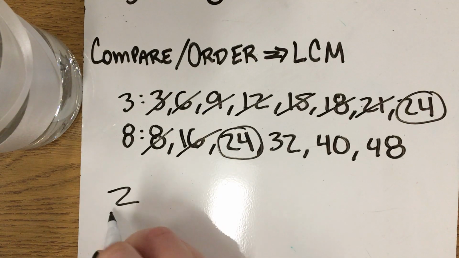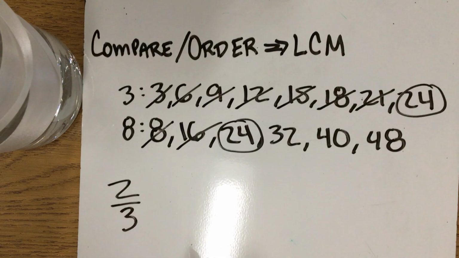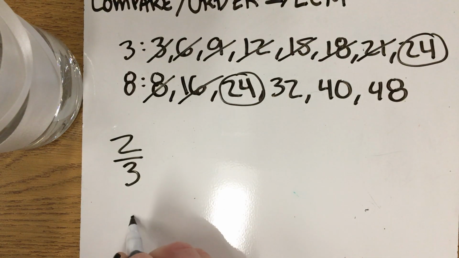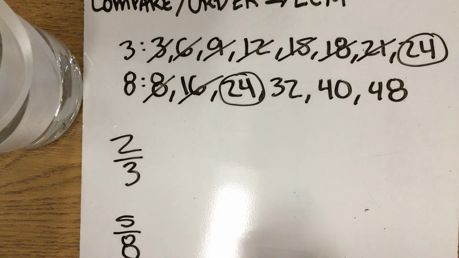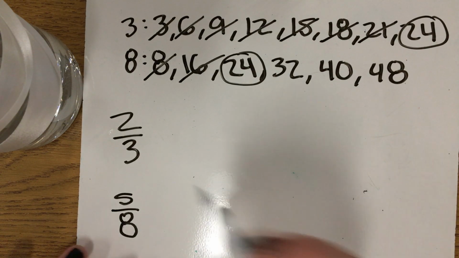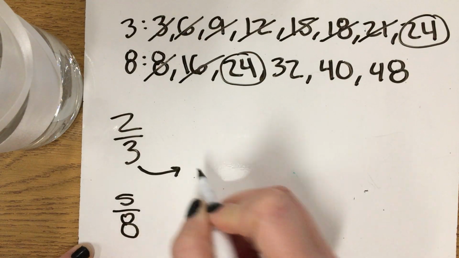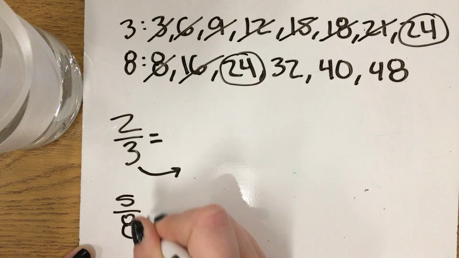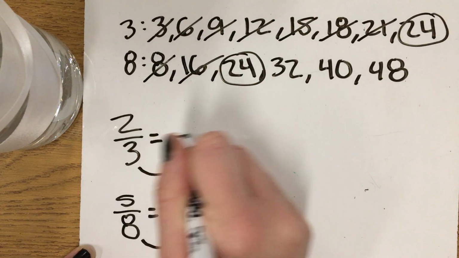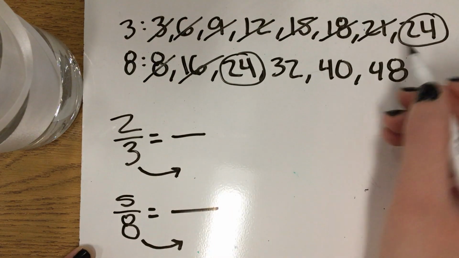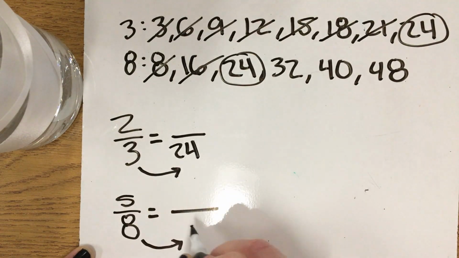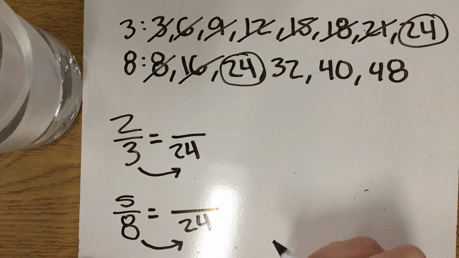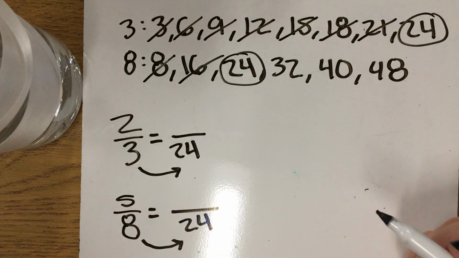So going back to what our fractions are, we have 2/3 and we have 5/8. So this time when we're looking just at the denominators, we want to make them the same so it's easy to compare them. So now we want our denominators to change to the LCM, which we found was 24. So now we want to look at how we changed to get 24.